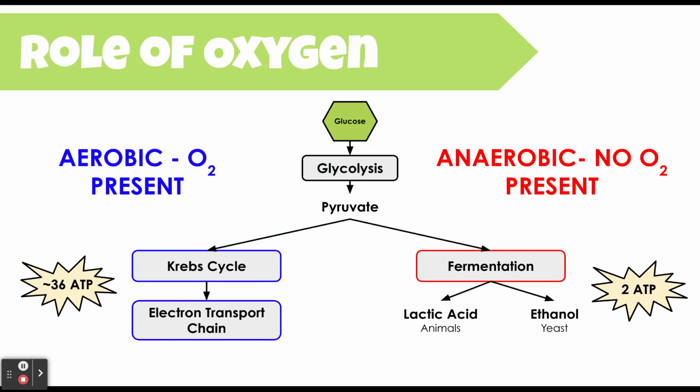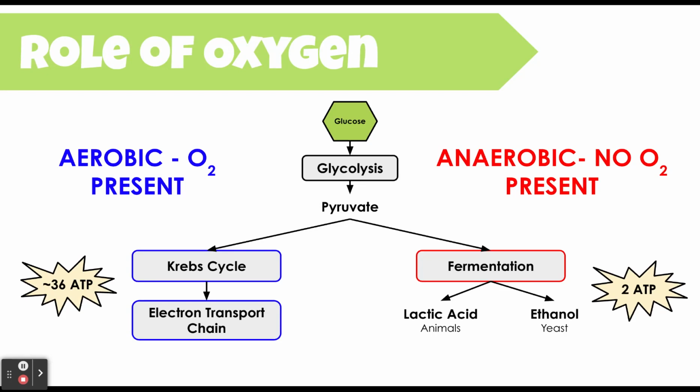So if oxygen is present, that pyruvate will go through the Krebs cycle and then through the electron transport chain to generate roughly 36 ATP. But if oxygen is not present, that pyruvate will then go through a process called fermentation. And the byproduct of that in animal cells is lactic acid, or if we're talking about yeast, the byproduct is ethanol. This step generates only 2 ATP, so significantly less, but still some energy.